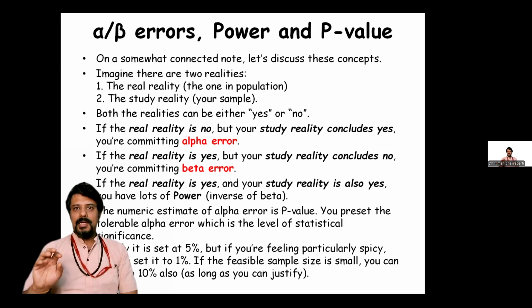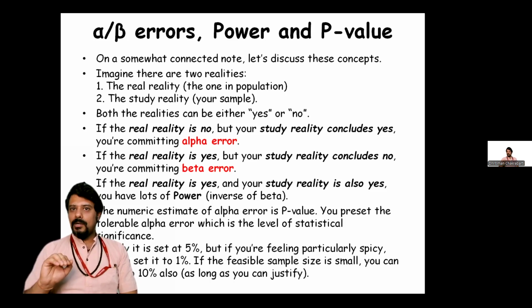Now the thing is that whenever we conduct a study, we have to set alpha error tolerance limits, meaning that we cannot ever completely remove alpha error because we will never know the true population anyway. We will never know the real reality anyway. So we have to set some tolerance level for alpha error.